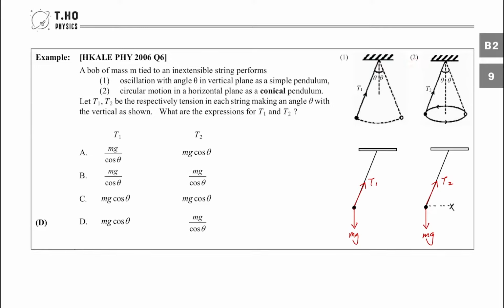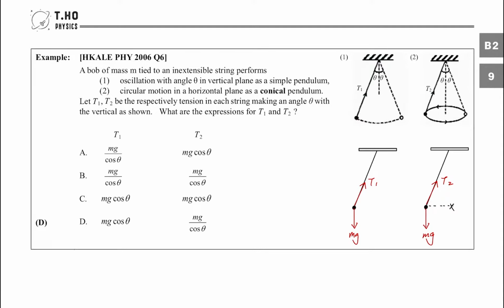Situation 2, we would have a bob which is set into a conical pendulum, so it will perform circular motion. So the bob will go like this in a horizontal circle. So it will not go up and down, it will just go on a horizontal plane.